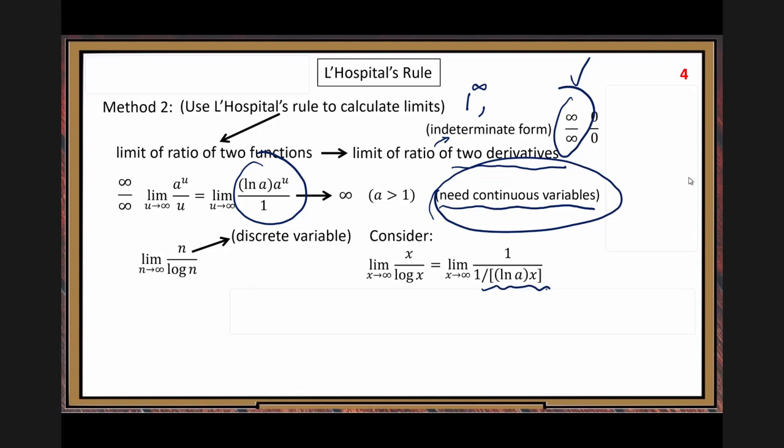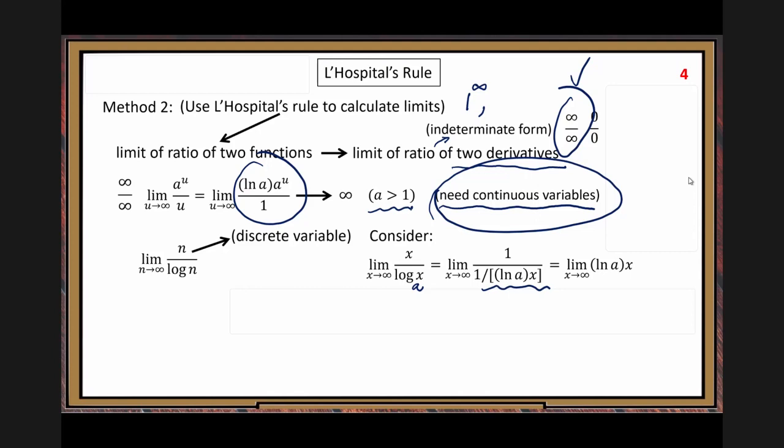Here we assume we use base a, log of base a, with a greater than 1. Then, after simplification of this limit, we get this: the limit of natural log of a times x.